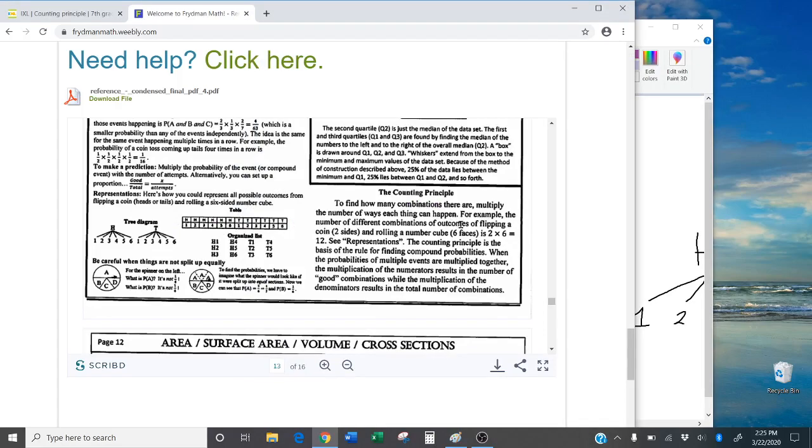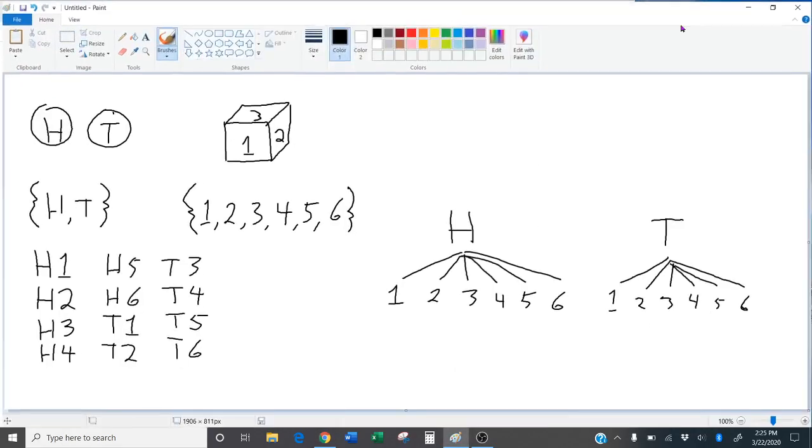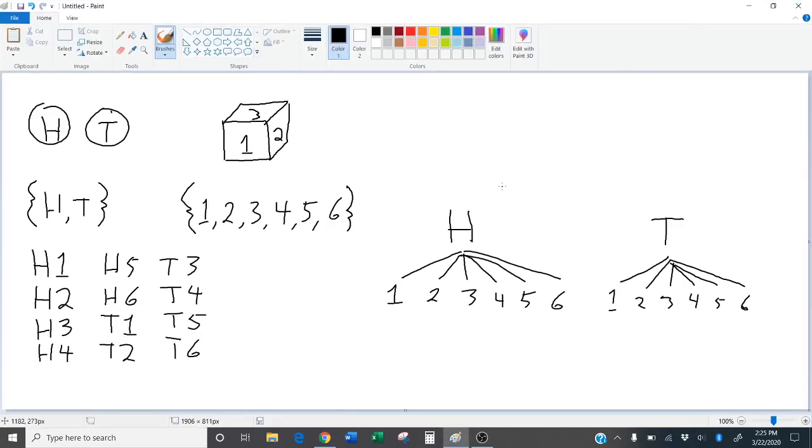I know the coin has 2 sides, and I know the number cube or the die has 6 faces. So if I want to know the number of possibilities, the number of different combinations, all I really need to do is 2 times 6, which equals 12.